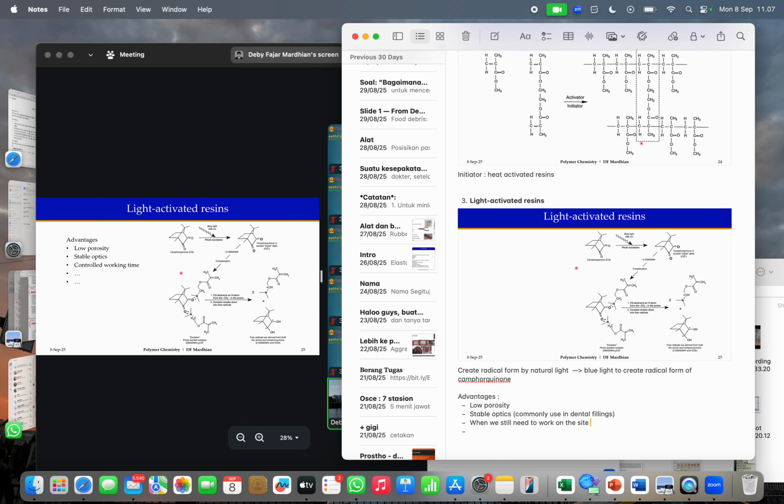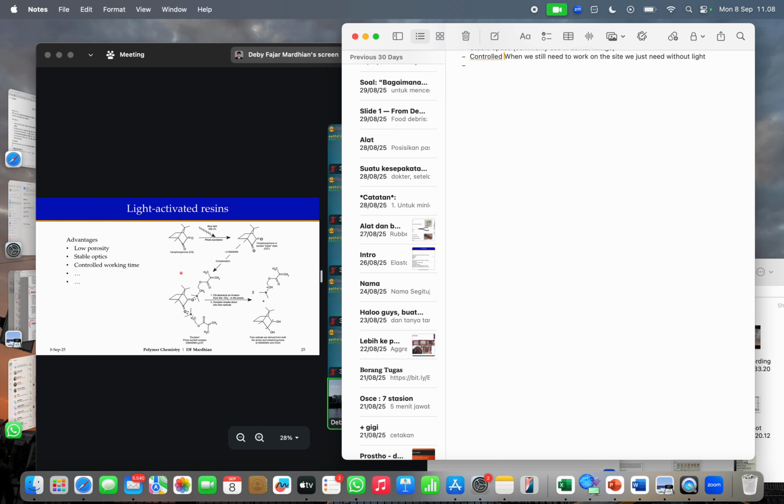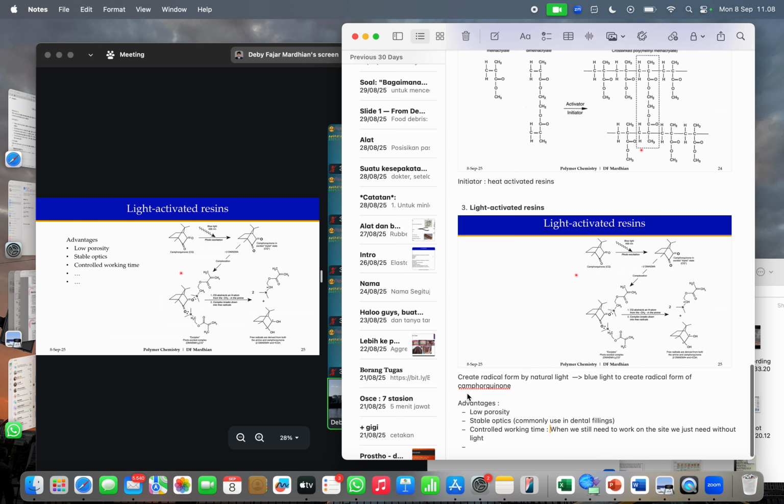After we are sure that the shape is correct, like when we need to form fissures, cusps in molar teeth using this resin, we just wait until the form is settled, and then we apply the light.